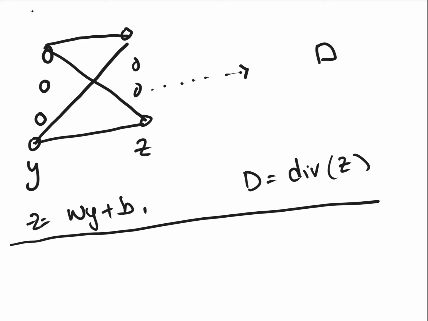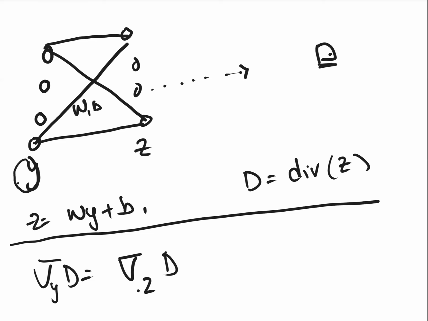So if I want to compute the derivative of the divergence with respect to this vector Y, in between are the parameters W and B. That is going to be simply the derivative of the divergence with respect to Z times the derivative of Z with respect to Y, which is going to be the derivative of the divergence with respect to Z times W.